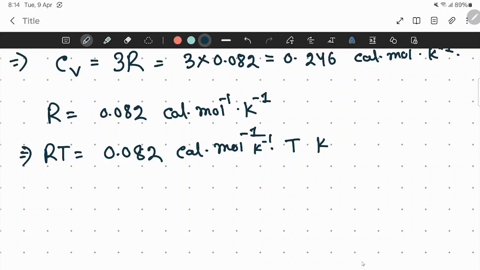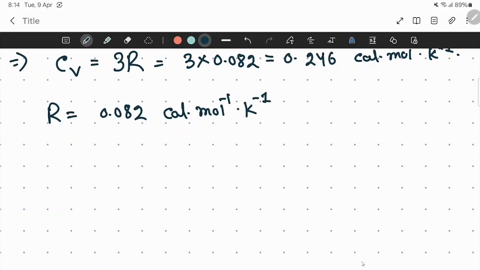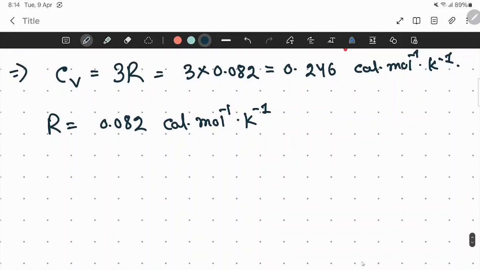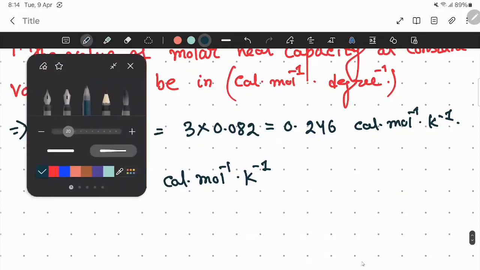Now, if you want to convert from Kelvin to degree centigrade, how can you convert? As long as this is considered as degree inverse, you can replace Kelvin inverse or degree inverse directly. If it is centigrade inverse, then it's not trivial and you have to convert it, but this is not necessary because everything is in the Kelvin unit. So this will be our answer. This is a trivial question.